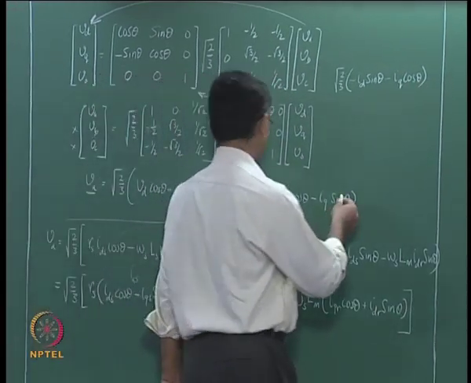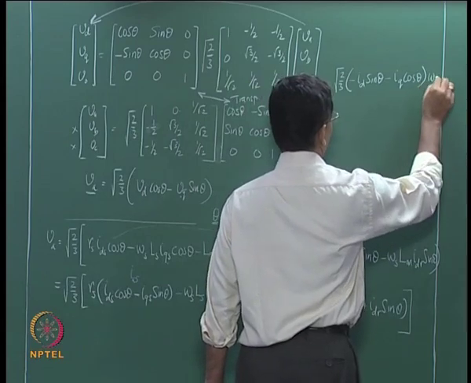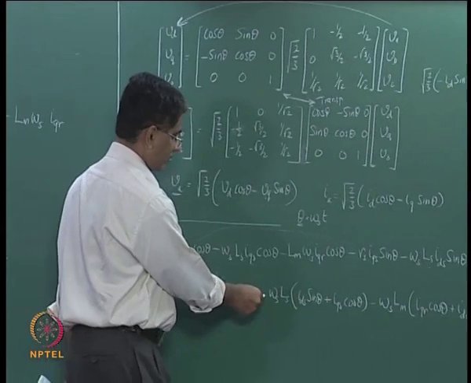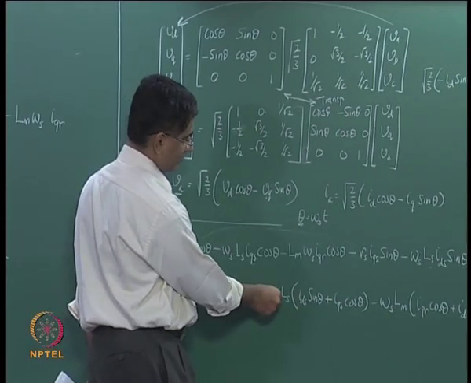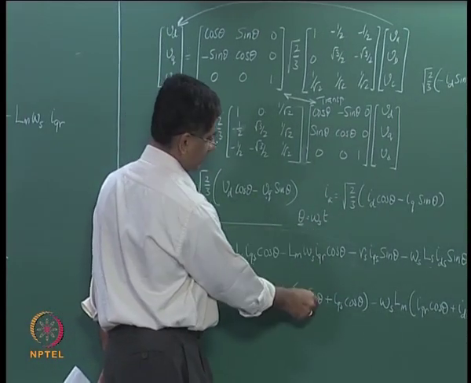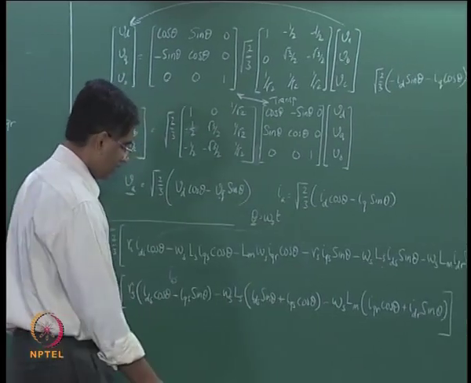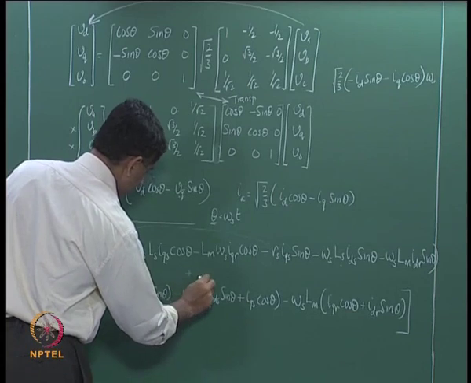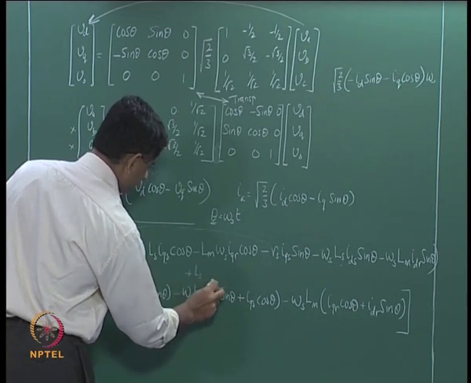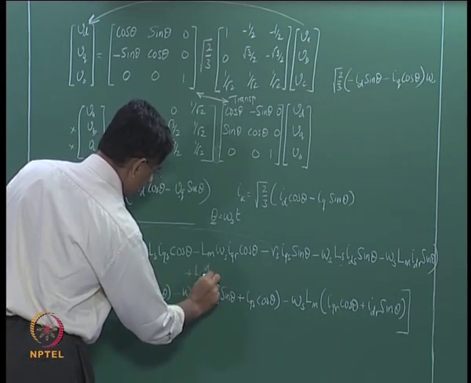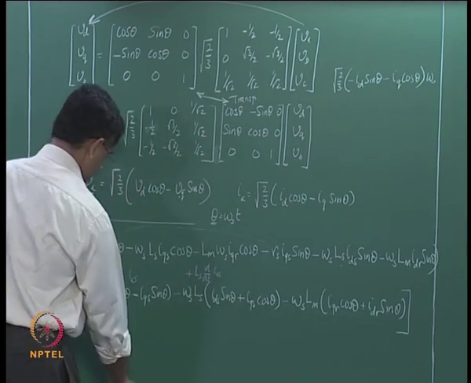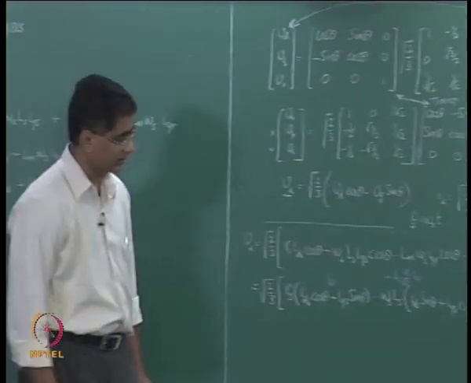So d theta by dt is multiplied by omega s. So that is exactly what you have here, minus omega s into id sin theta plus iq cos theta. So this term is nothing but plus Ls into d by dt of ias. So that includes the root 2 by 3 factor as well.